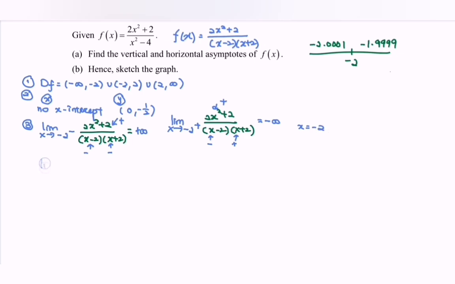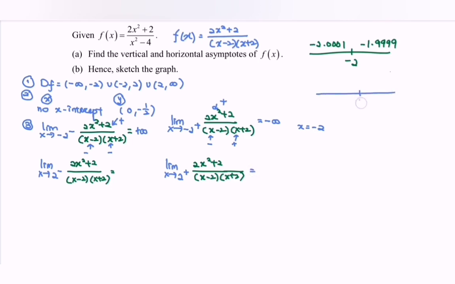Continue with the limit as x approaches 2 from the left and from the right, substituting the function (2x² + 2)/((x − 2)(x + 2)).